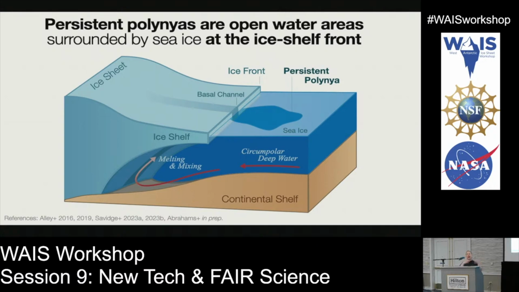As the meltwater makes the water column more buoyant, it can rise and carve out a basal channel on the subsurface of the ice shelf. If the water is buoyant enough, it can reach the surface at the outlet of that basal channel and, being relatively warm, melt out a hole in the sea ice. We call that hole, right there at the ice shelf front, a persistent polynya because it can recur in that same place over the years.